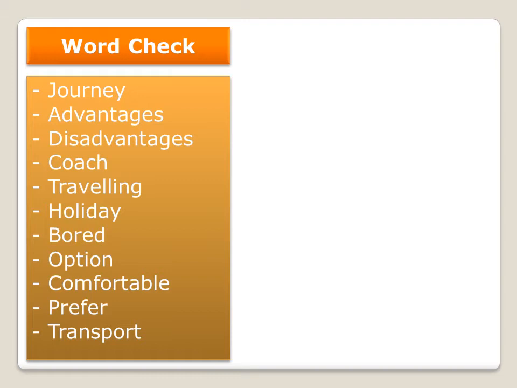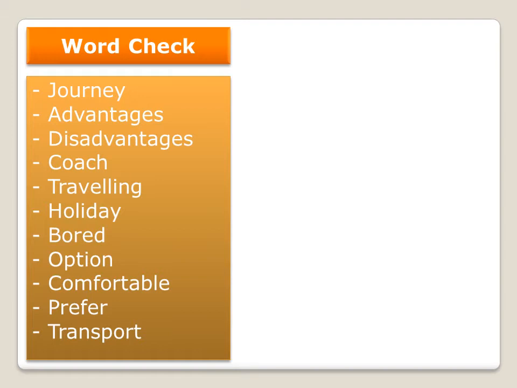Journey, advantages, disadvantages, coach, traveling, holiday, bored, option, comfortable, prefer, transport.